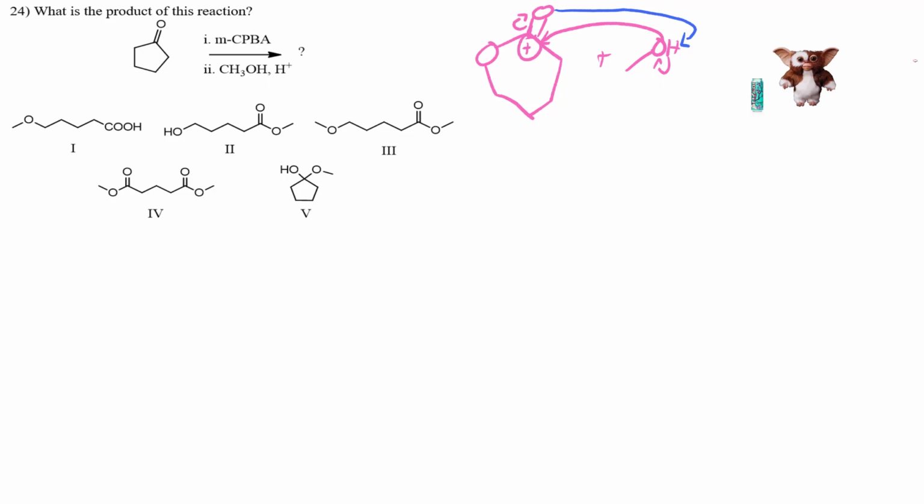What we have now is this guy. And we have that guy. Okay, so now we can actually reform the double bond. We could reform the double bond, and for a split second, this center carbon has 5 bonds to it.